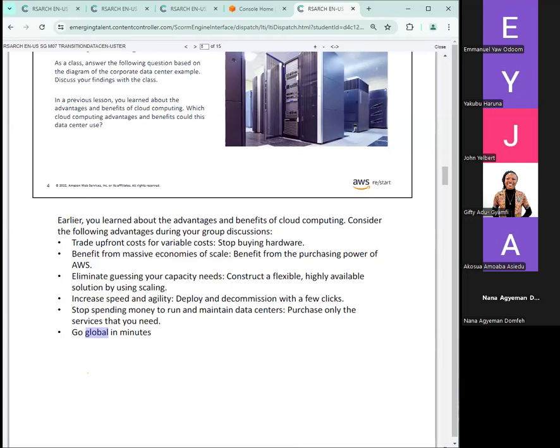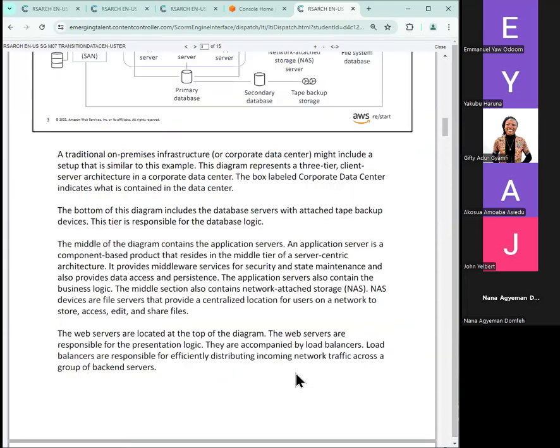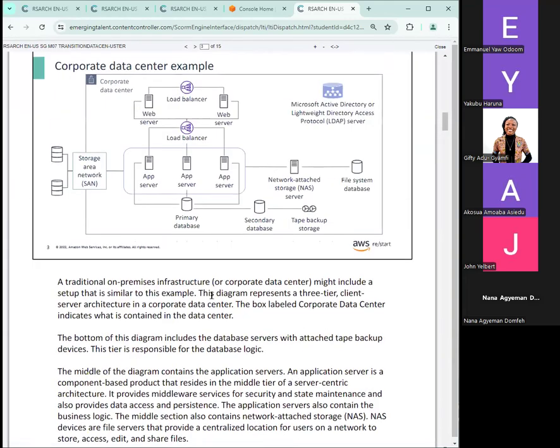You'd need to be paying money to maintain those data centers. But inside of AWS, that is no longer your responsibility. AWS takes care of all of that, and you still get whatever benefits you were looking for when you were running this.